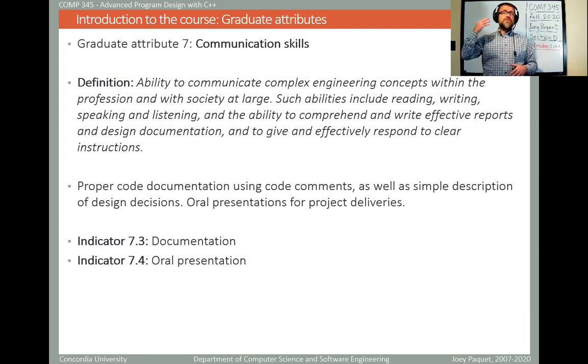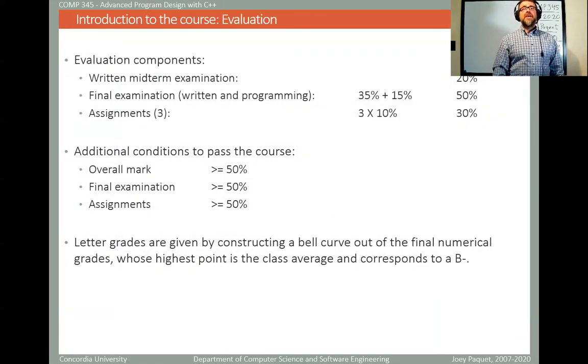It's not only that you're able to talk about it, discuss with your teammates, or present what you did to your boss or client, it's also that the code you're sharing with people is easy to understand. The documentation inside the code is going to be graded, and you're going to have to do an oral presentation for each of your assignments.